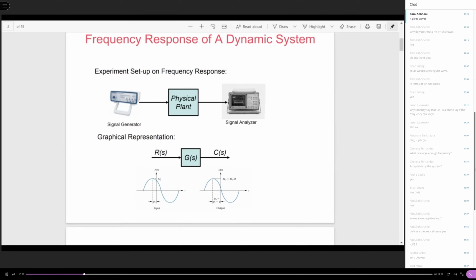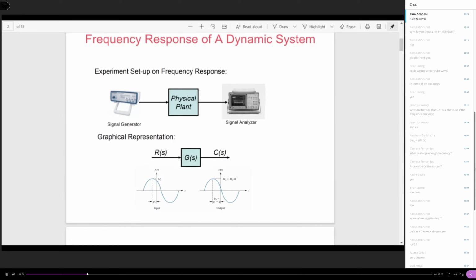And you might be wondering, so what exactly does the frequency response bring to us? Well, to answer this question, there is a very simple answer. The simple answer is that a physical system, if you use different kinds of frequency signals to excite it, its capability to respond to a specific frequency signal is different.